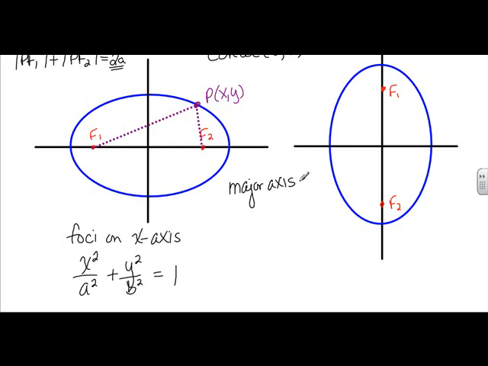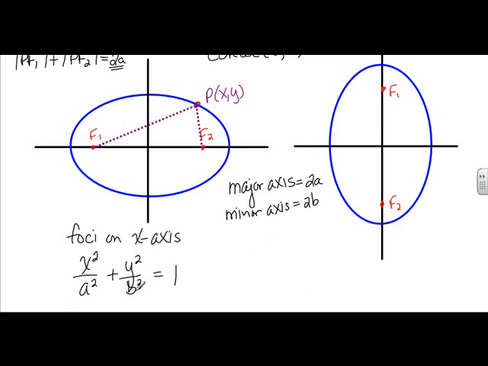The length of the major axis will always be 2a, and a you're going to be able to pick out from the equation. There's also a minor axis for every ellipse. The length of that minor axis is always going to be 2b, and b you'll be able to figure out from the equation.